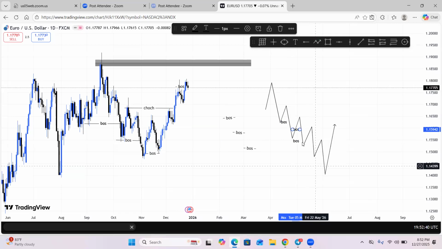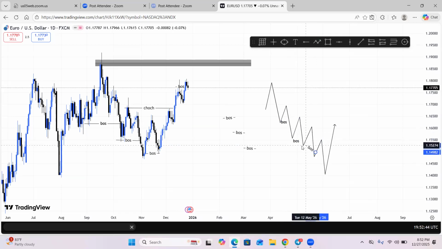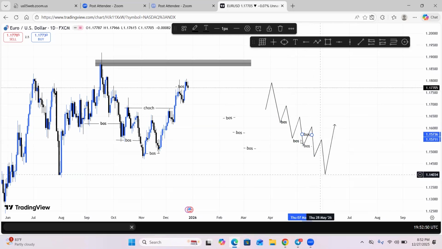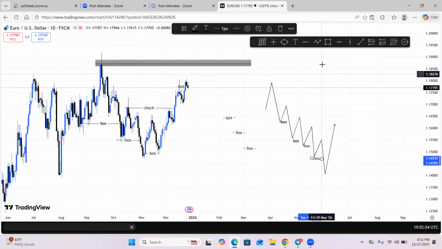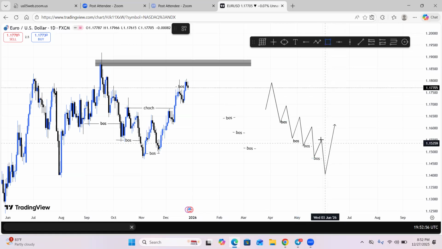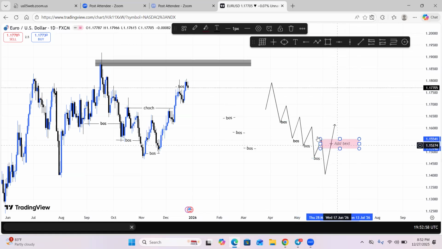The market is breaking structures to the downside. This is the last origin that caused a break of structure. Because the market did not come back and retrace, it came and cleared this origin.